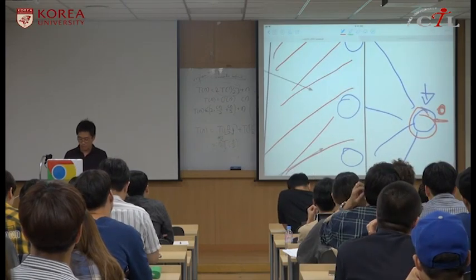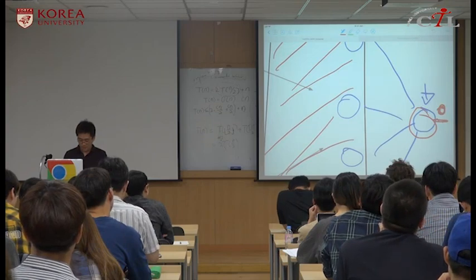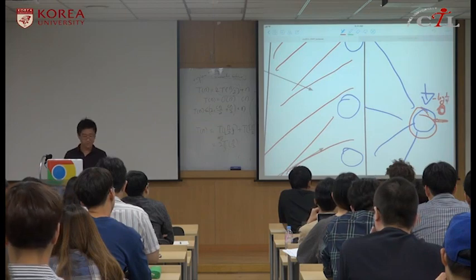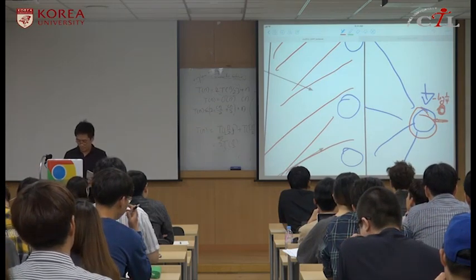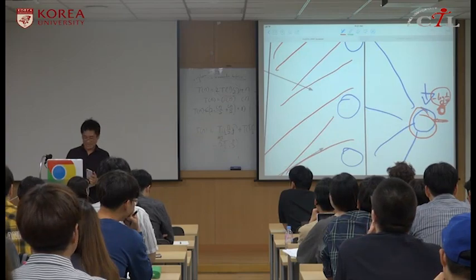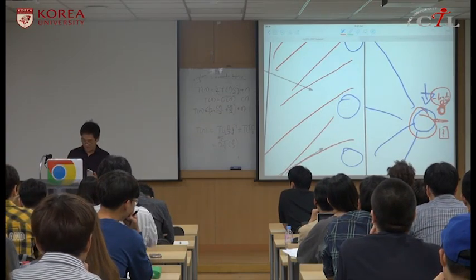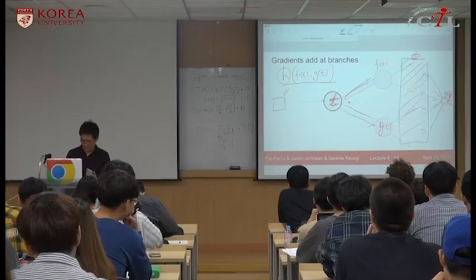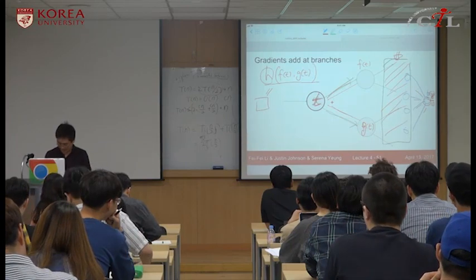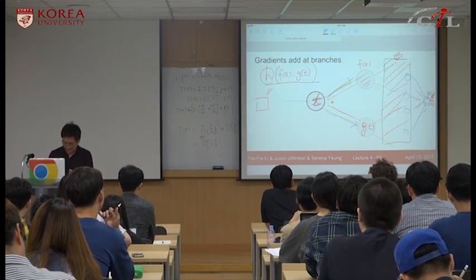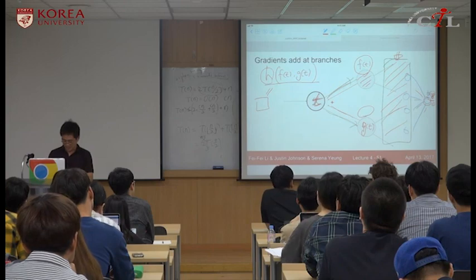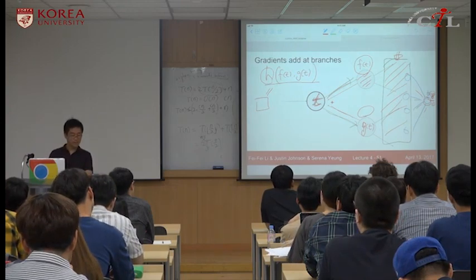If the loss value is, for example, negative log 1/4, in the case of softmax loss, then we can think of the gradient, and this gradient will be backpropagated and arrive at this node, along with the forward propagation values of f of t and g of t.